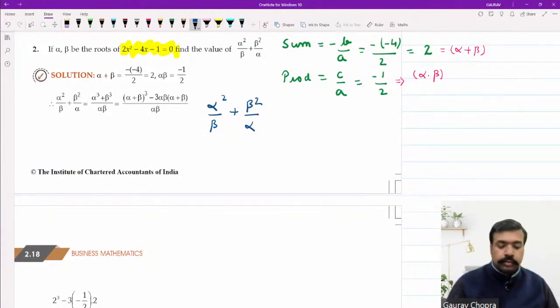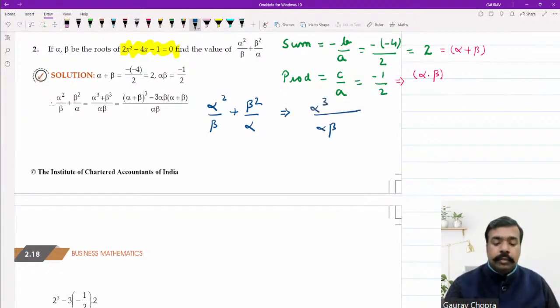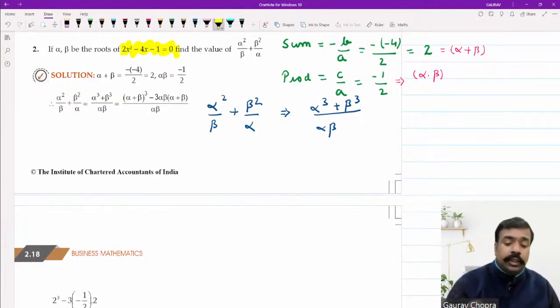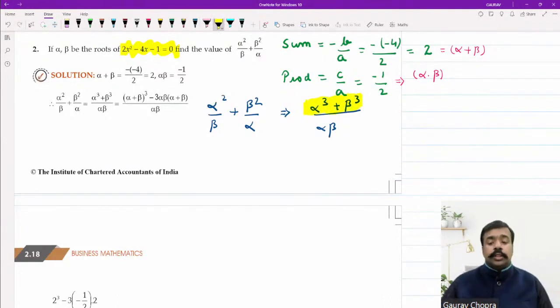Okay, so now let us take the LCM. We are getting alpha beta as the LCM. So it will become alpha cube plus beta cube. Now we know that we don't have the value of alpha cube and we don't have the value of beta cube, but we have the value of alpha beta. That means we have to apply some formula for this so that we can substitute our values.